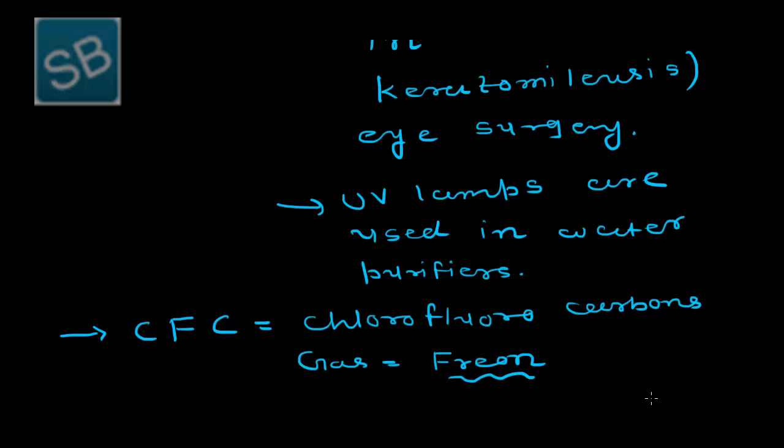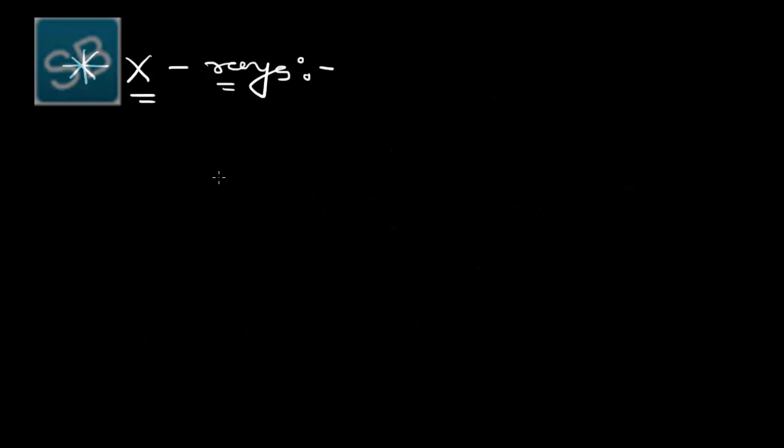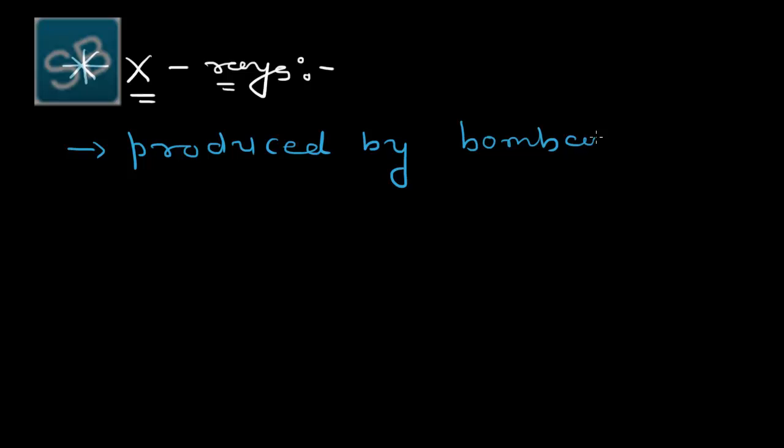Now we will see the next region. The next region is X-rays, and these X-rays can be produced by bombarding a metal target with high energy electrons.